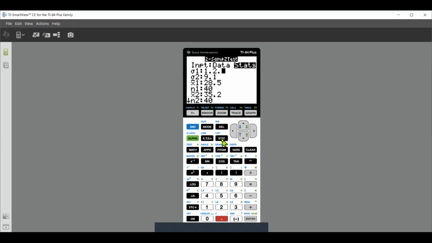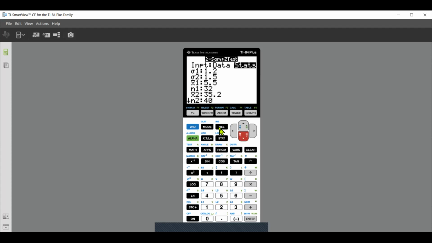The women have a standard deviation of 1.5. Your men have a sample mean of 5.5 and a sample size of 32.